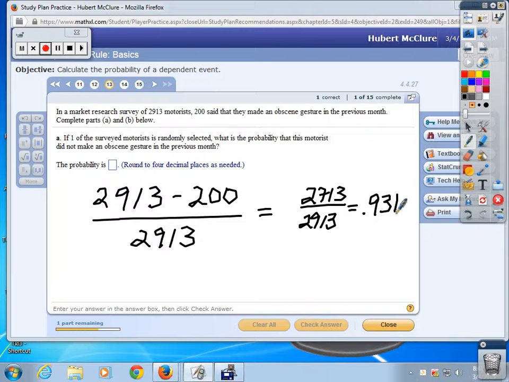Okay, what's the other way of doing it? Take 200 over 2913 and subtract it from 1. And that's going to be 1 minus 0.931. Or let's see, no, that would be the answer.